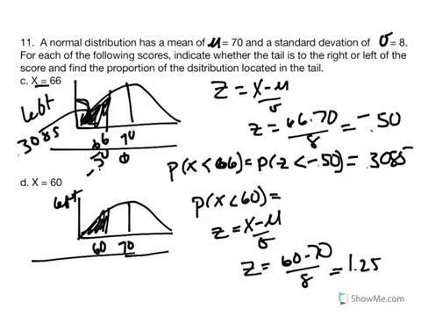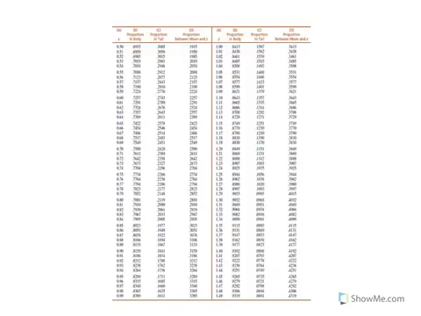So again, rewrite the probability pertaining to a z-value. So the probability of obtaining a z-value, and this is negative, less than negative 1.25. Right, so 60 is 1.25 standard deviation units below the mean. We're going to, again, utilize our unit normal table to find the answer.